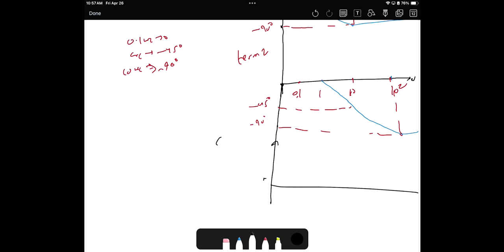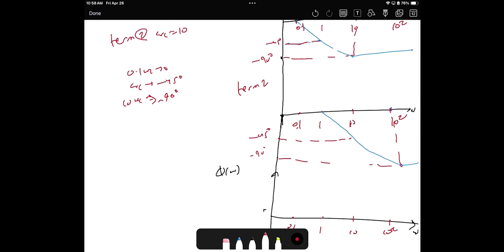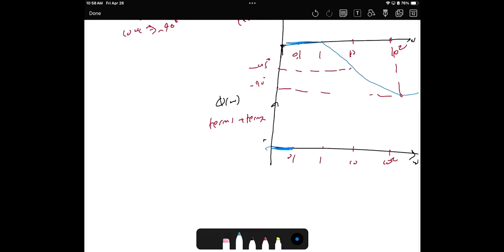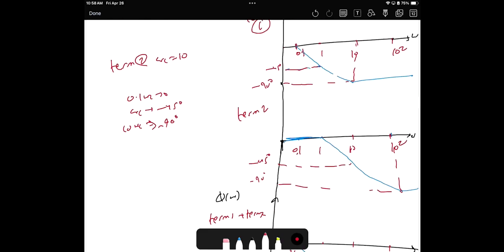Now the last thing is to draw the overall phase of T of omega. Here is 0.1, 1, 10, 10 squared. Here is omega, and now we are doing the sum, term 1 plus term 2. Before 0.1, everything was 0. Between 0.1 and 1, it will go to negative 45. Then between 1 and 10, there is negative 45 on one side and another negative 45 on the other, which is negative 90.